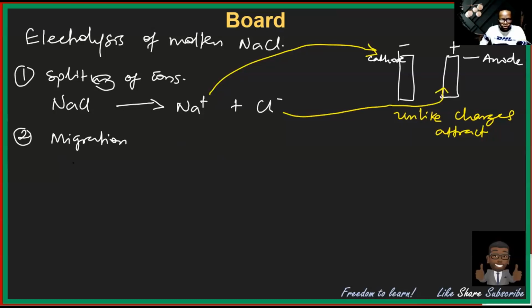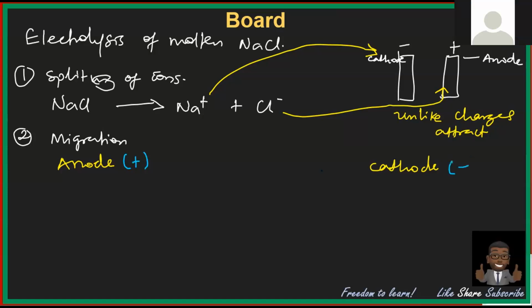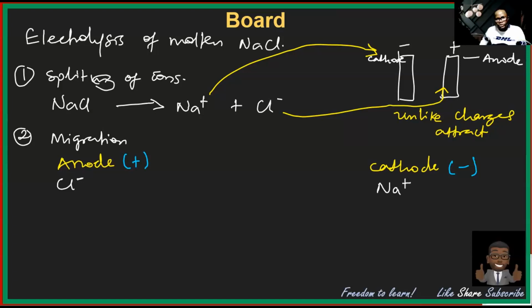So now I'm having two sides, anode and cathode. The anode is the positive electrode, the cathode is negative. For my anode, I know that chloride will get there, and at my cathode, sodium ion will get there.